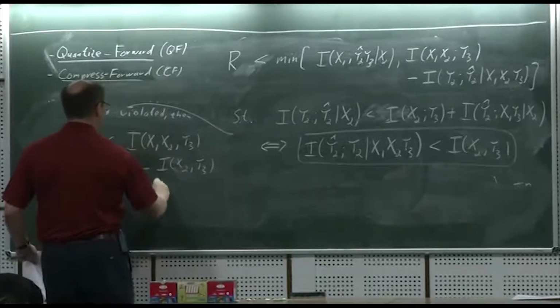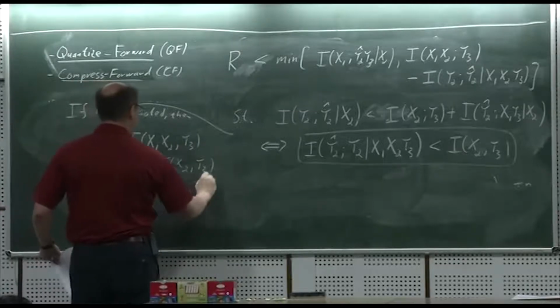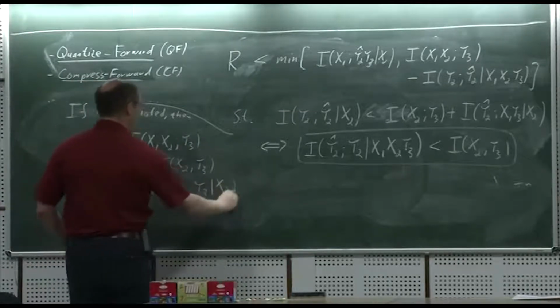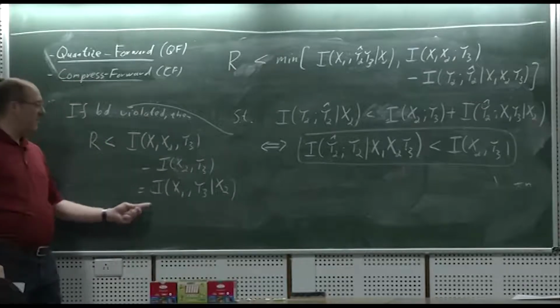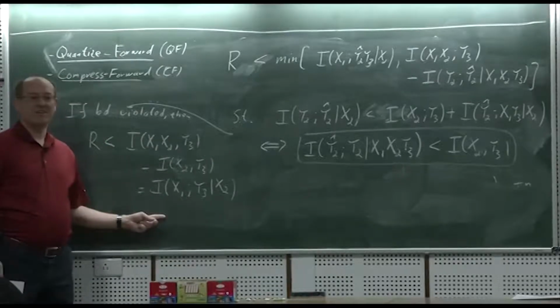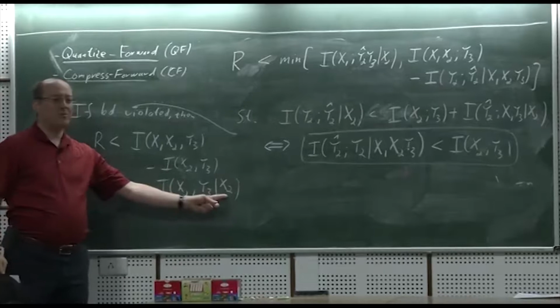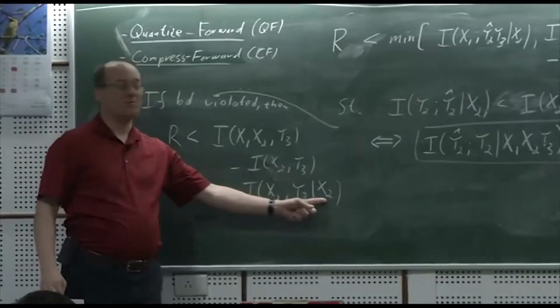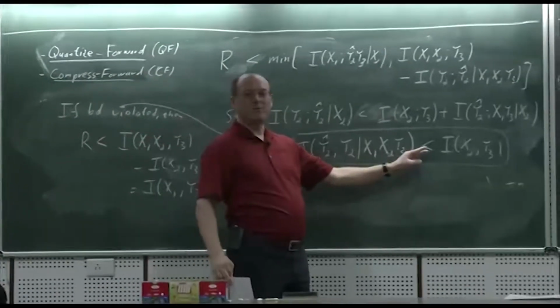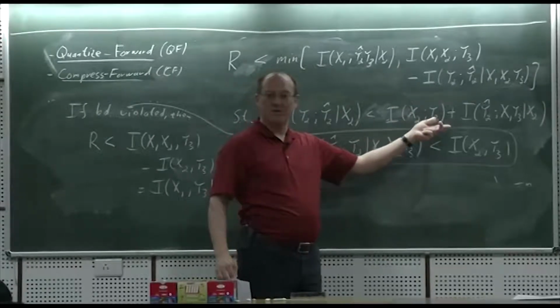But that's I(x1; y3 | x2). And we know how to achieve this. Namely, just don't use the relay at all, right? So if this bound is violated, we can still achieve the resulting rate, is the main point.